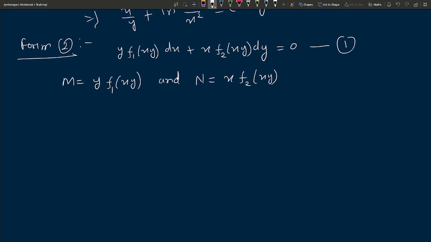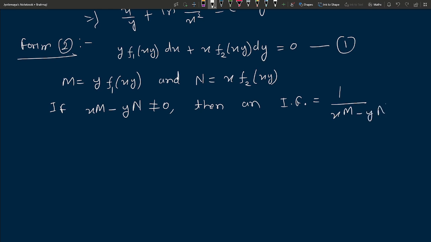And if x multiplied with M minus y multiplied with N is non-zero, then the integrating factor is equal to 1 by (xM minus yN). So let's solve an example. You have to remember these forms. By solving examples you can understand this.